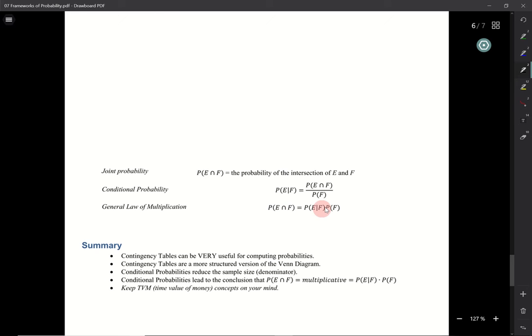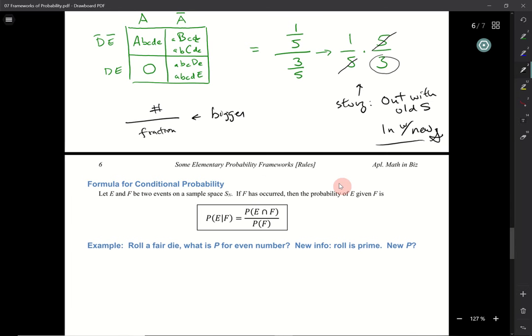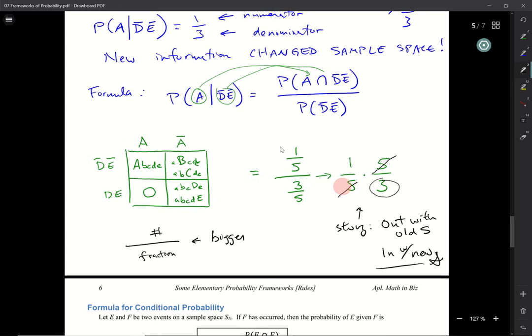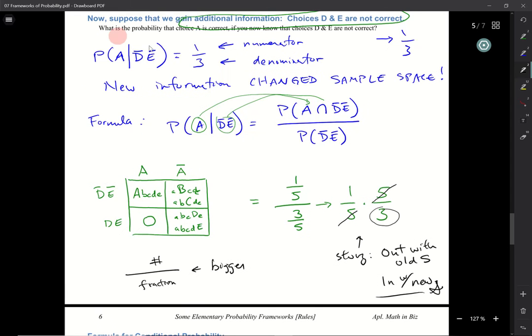Here, when you have an intersection, you're multiplying probabilities. So we're getting at this backwards. This is the formula that we just talked about, but if you multiply by the probability of F, now you see that intersection is multiplication.